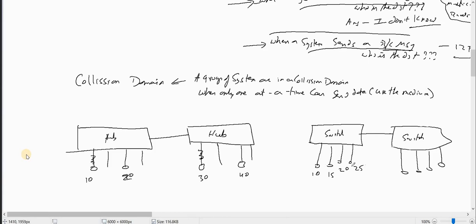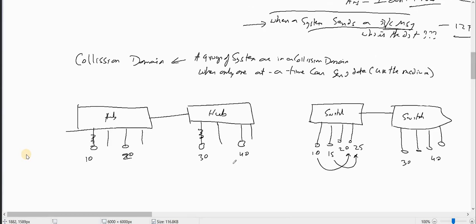Yes or no? Yes. They can communicate. So obviously, can 30 communicate to 40? Yes. Very good. So when it comes to a hub, your hub cannot break the collision domain, whereas when it comes to a switch, your switch can break the collision domain.